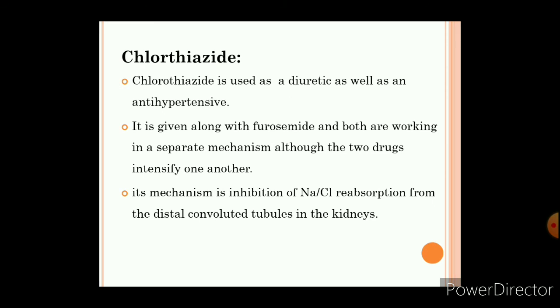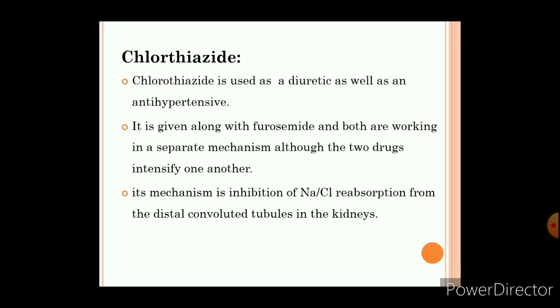The drug used as a thiazide is chlorothiazide. Chlorothiazide is used as a diuretic as well as an antihypertensive. It is given along with furosemide, and both work by separate mechanisms, although the two drugs intensify one another.